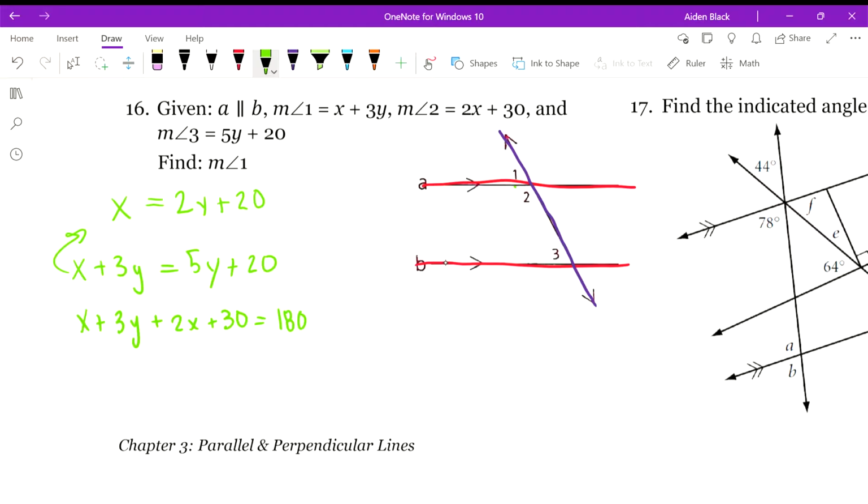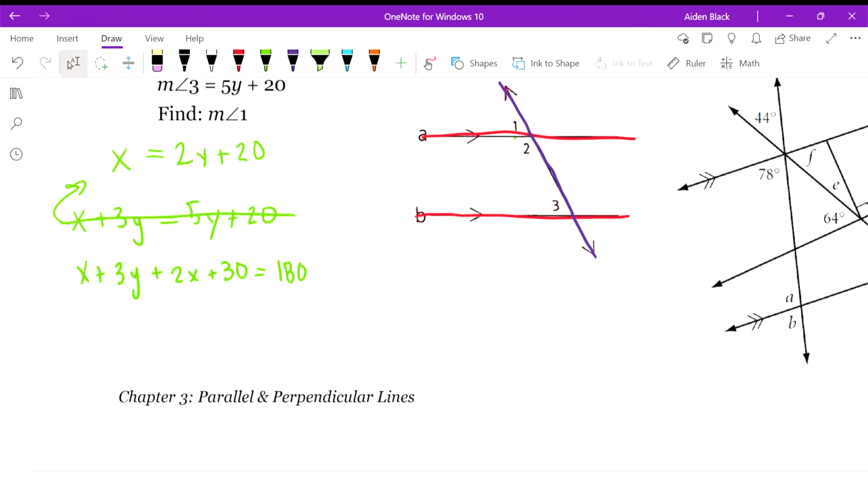Then we'll simplify this one by combining like terms: 3y plus 3x plus 30 equals 180. We'll subtract 30 from both sides. Oh, this should be 150.